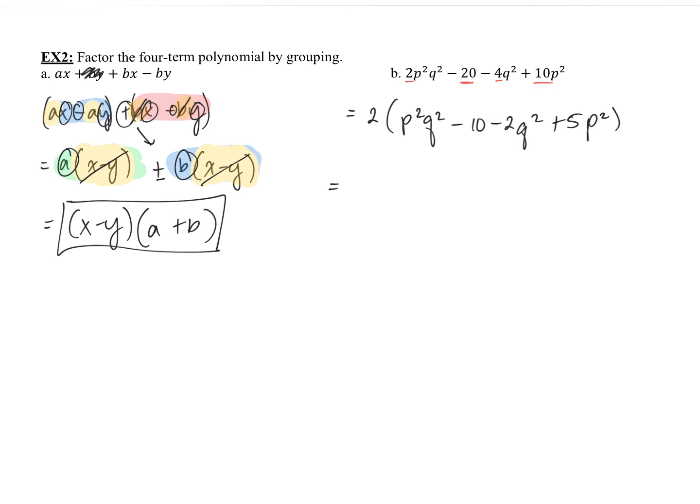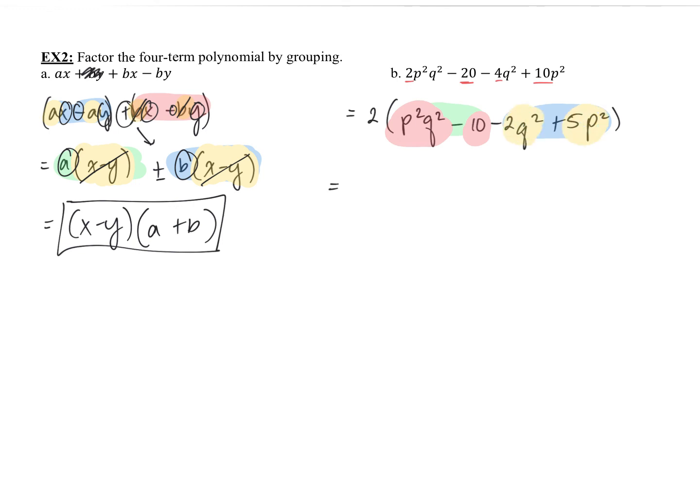Now let's go ahead and focus once again on the 4 terms inside the grouping here. If I was to group these first 2 together, and then group the second 2 together as we were doing previously, we might run into a problem. Notice, these 2 don't share anything in common. That 10 does not have a p or a q. And then, these 2 here, they don't share anything in common either.